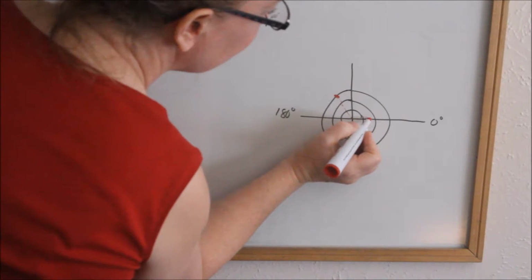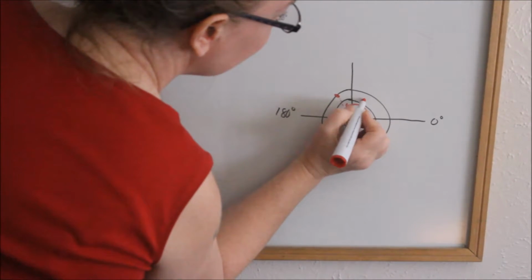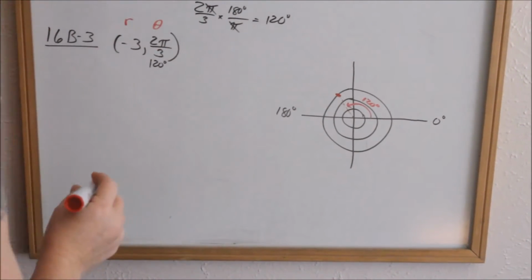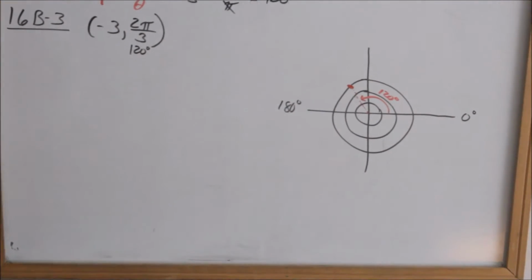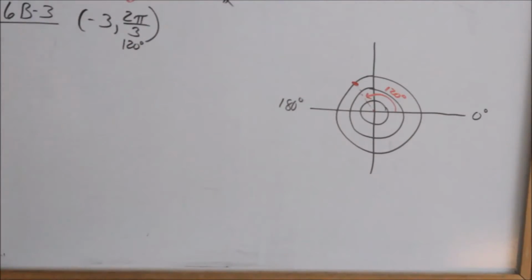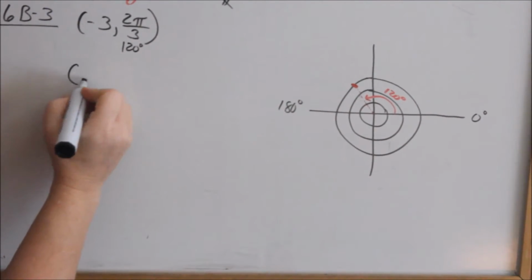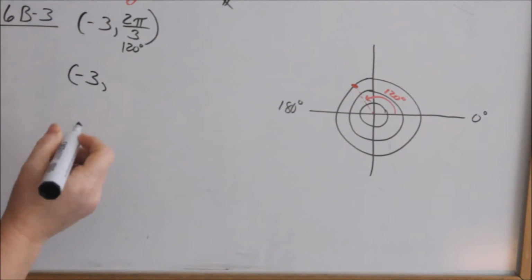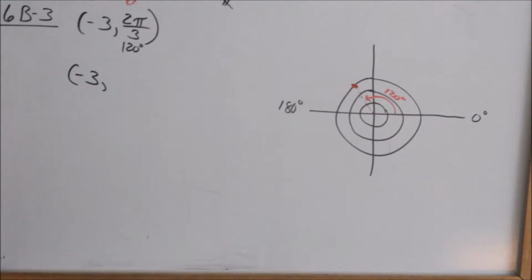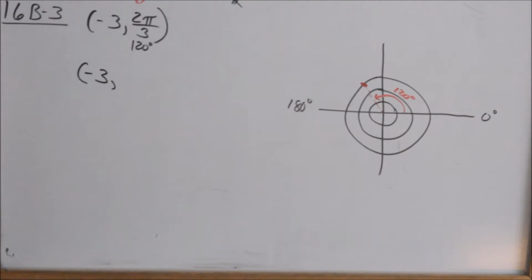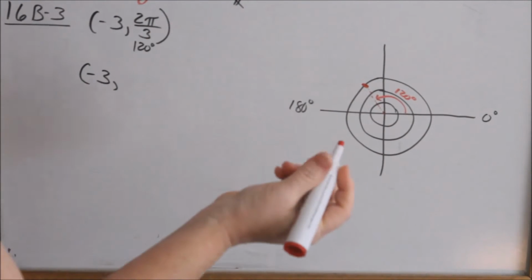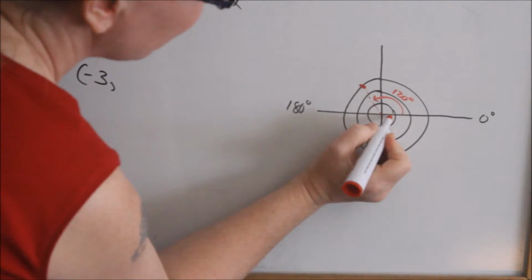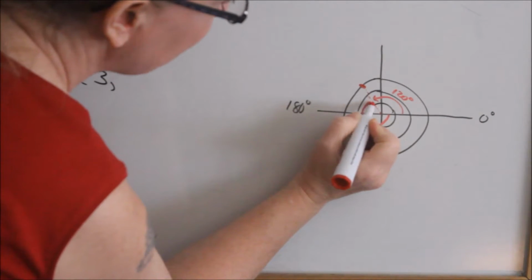So what I have here is that right there is 120 degrees, but I can write it in another format. I need another set of parentheses that has a -r. This was going in the counterclockwise direction. I need the other angle going in the clockwise direction, from 0 to my line.